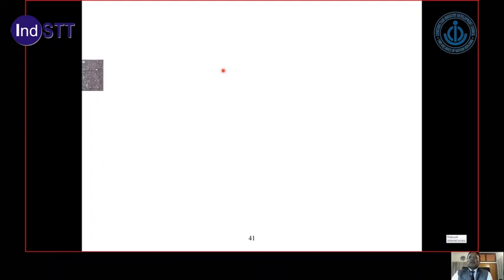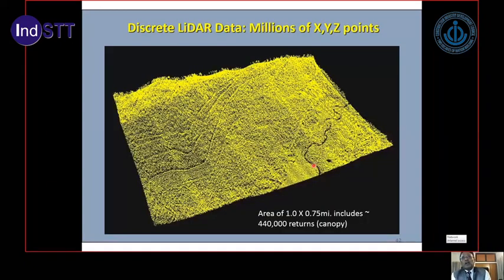So this is a technique which will give us very accurate results even from space. This is again LiDAR data, and what we see is millions of points. From these millions of points, one can get a feeling of the river. So this is a river here, and then there are some impressions of the road and artifacts.